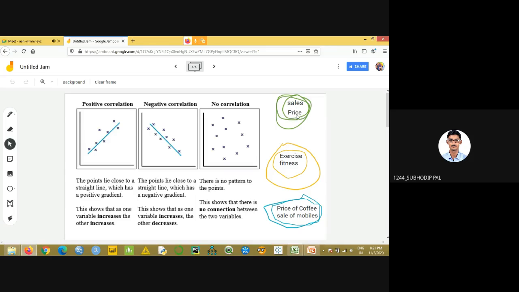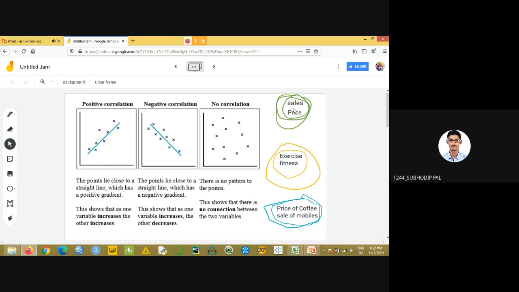Sales and price: what type of correlation is it? Sales is dependent and price is independent. Negative, not positive. It should be inverse, because if the price goes up, the sales would go down naturally. I'm talking about price, not cost.